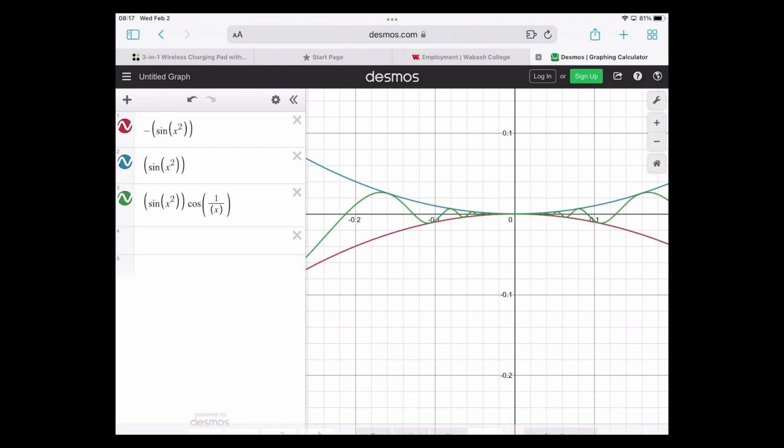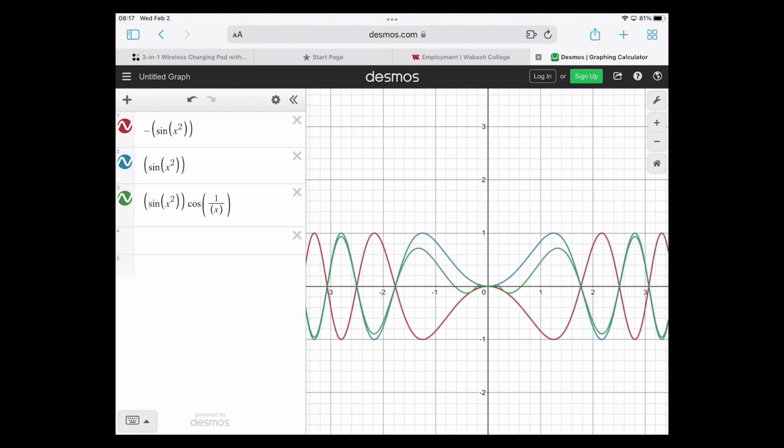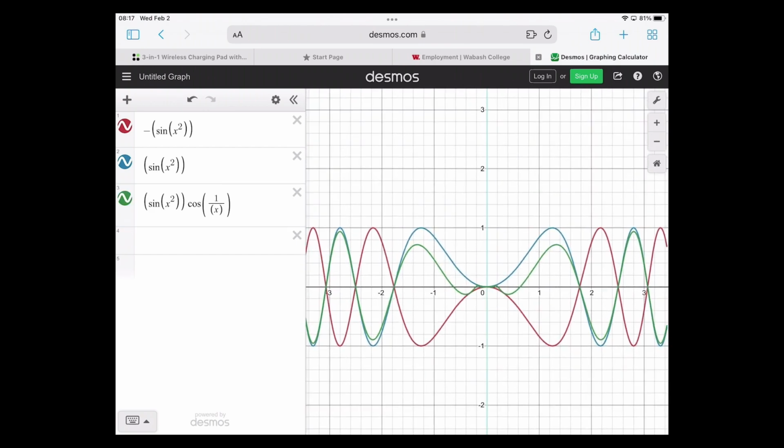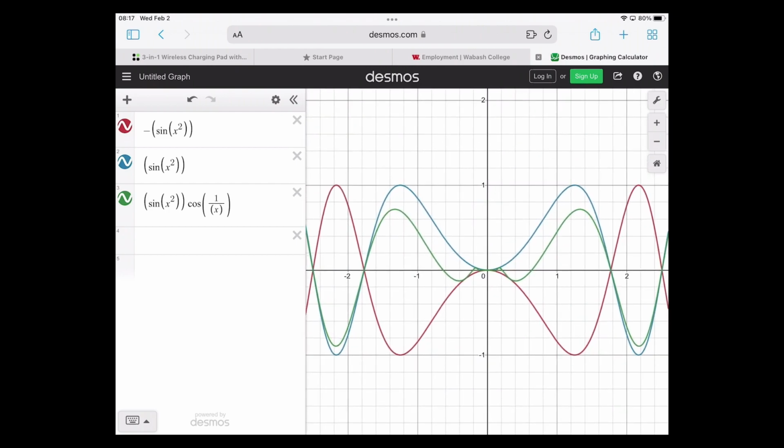It still ends up getting squeezed, but if we look broader, further out, you'll notice that the blue and the red ones switch roles as to who's the top bound and who's the lower bound. If we go out to like 1 point whatever, you see the blue and the red one switching roles.